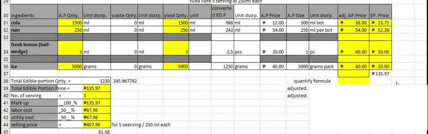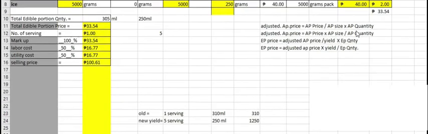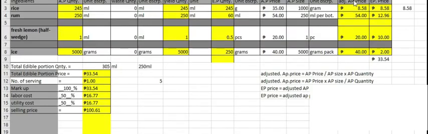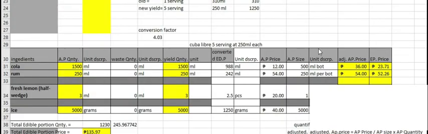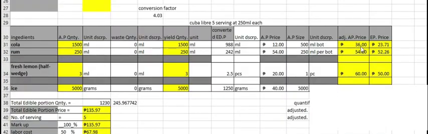Okay, and then for our quantified formula, there are no changes. It is just the same formula we use for our adjusted price and AP price in our costing format and template. The formula is the same, and your AP price is just the same. The only difference is in this converted edible portion price.